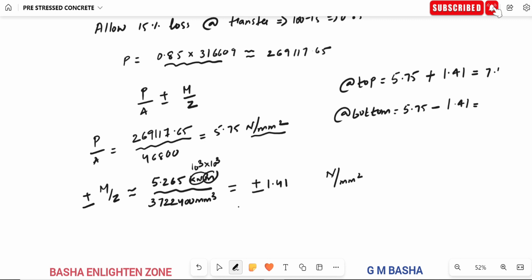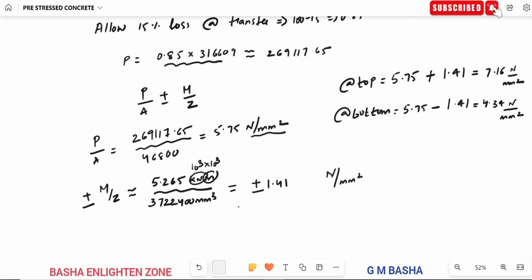You will get 7.16 Newton per mm square at the top, and at the bottom 4.34 Newton per mm square. So these are the extreme stresses at top and bottom. Okay, that is 7.16 and 4.34 Newton per mm square.